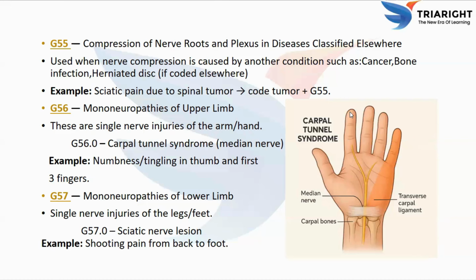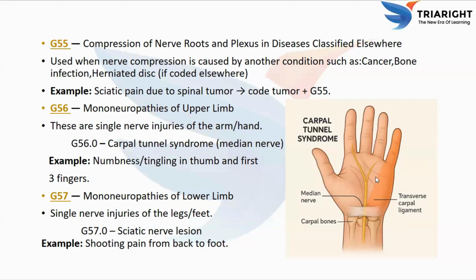So what passes through this tunnel? The most important structure passing through it is the median nerve. This nerve gives feeling to the thumb, index finger, middle finger, and half of the ring finger. It also helps in the movement of some thumb muscles. So what happens in carpal tunnel syndrome? The median nerve becomes squeezed or compressed inside the narrow tunnel.